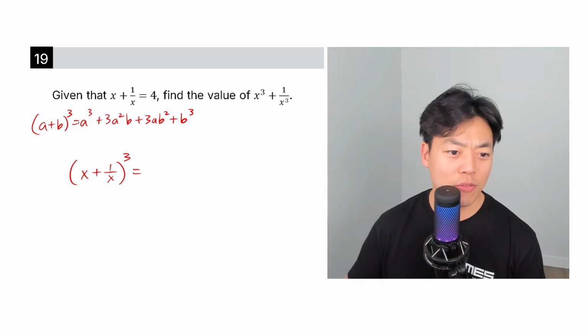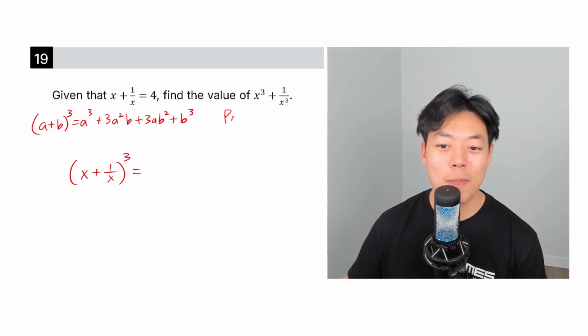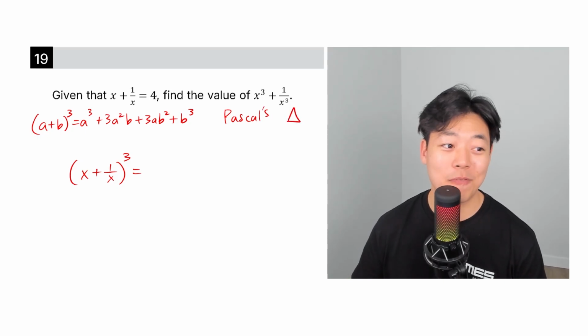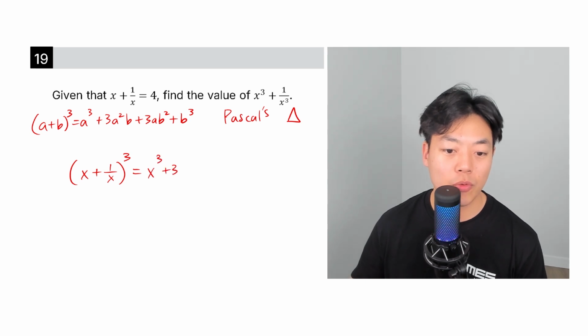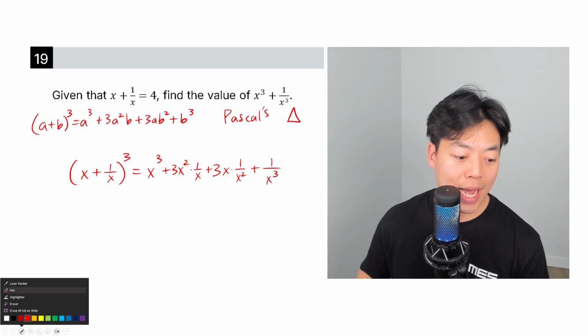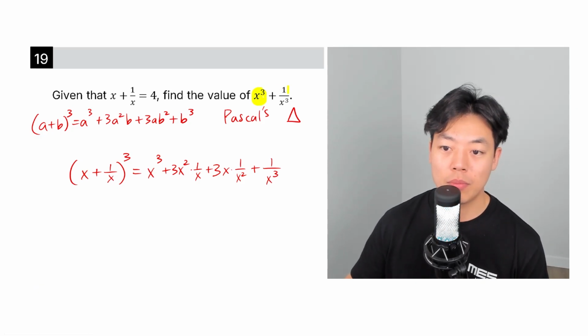What does this remind you of? 1331, Pascal's triangle. We love Pascal's triangle. So let's do the same thing. We have x cubed plus 3 times x squared times 1 over x plus 3 times x times 1 over x squared plus 1 over x cubed. Now, if we highlight these, boom, and boom, we got it right here and right here.